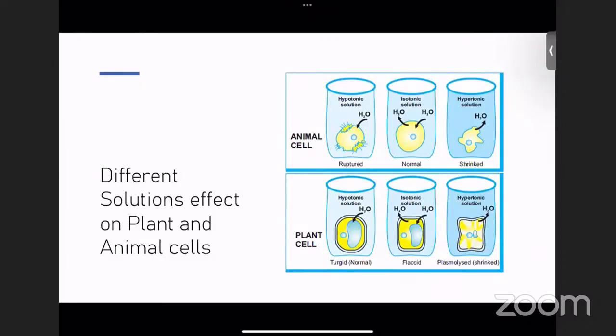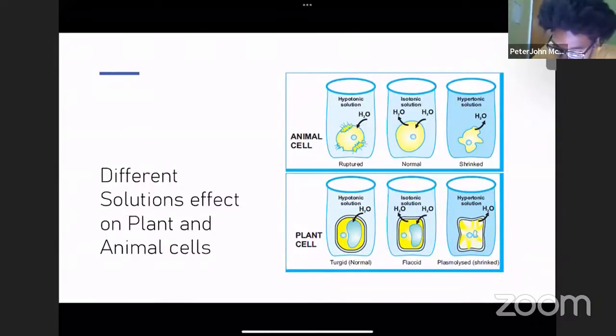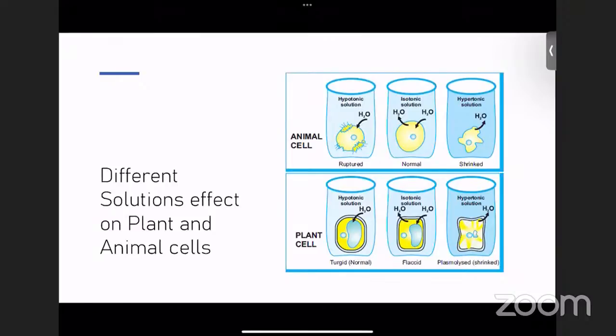Because the outside solution is more concentrated than the content of the cell, water molecules move outward and hence cause the cytoplasm to pull away from the cell wall. Cytoplasm? No? Try again.